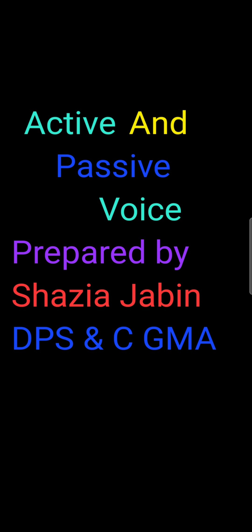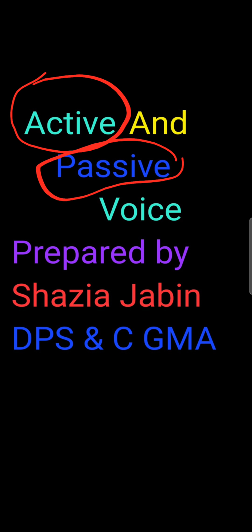Today, we are going to do the most important part of grammar, or English language, that every student must know and try to learn. That is active and passive voice. Active and passive voice is the basic thing which you are going to learn, to know how to write by yourself and how to create sentences, how to mold situations in your own words.